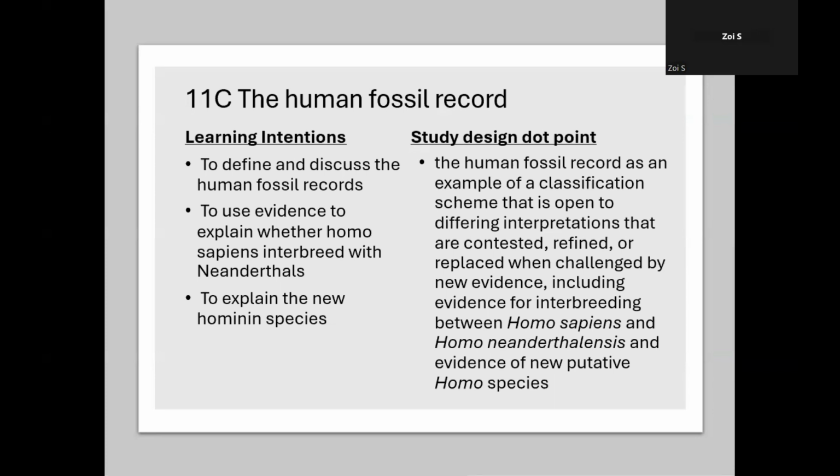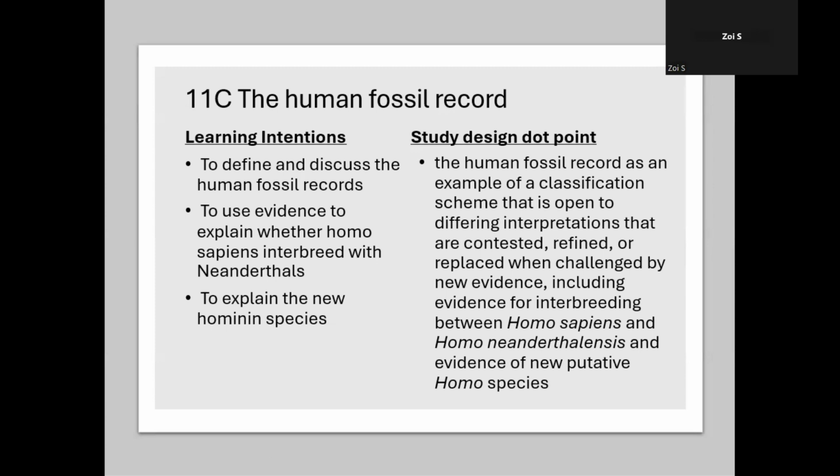So today's lesson, we're going to focus on looking at the human fossil record as an example of the classification scheme, and notice how it is still open to differing interpretations and is contested, refined, or replaced when challenged with new evidence, including evidence of interbreeding between Homo sapiens and Homo neanderthals, and evidence of new putative Homo species. So basically what this is saying is that our evidence relating to hominin fossils is very incomplete and very fragmented.